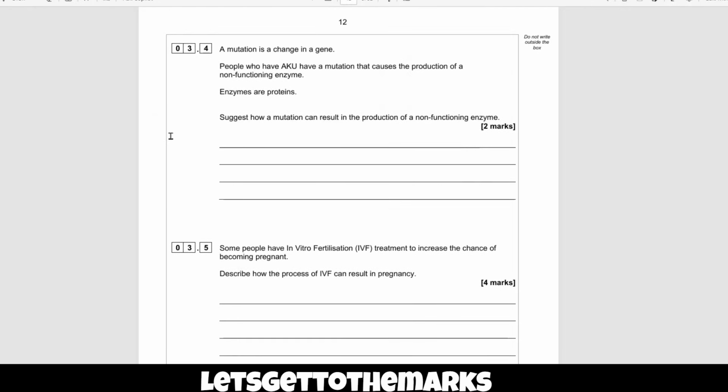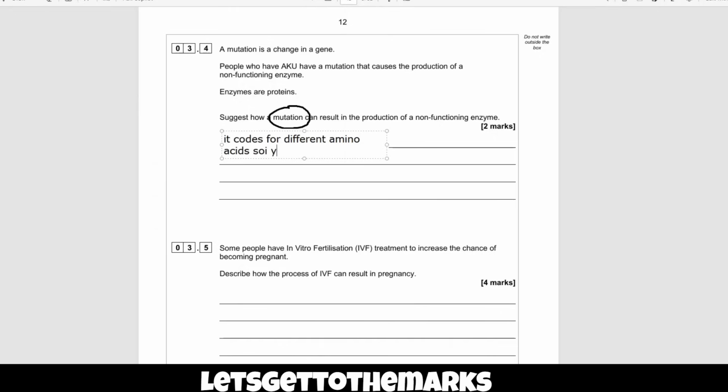Right, 3.4. A mutation is a change in a gene. People who have AKU have a mutation that causes the production of a non-functioning enzyme. Enzymes are proteins. Suggest how a mutation can result in the production of a non-functioning enzyme. So what is a mutation? It's a change in a gene, and this means it codes for different amino acids.